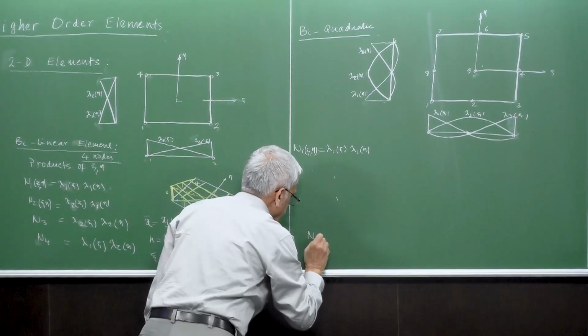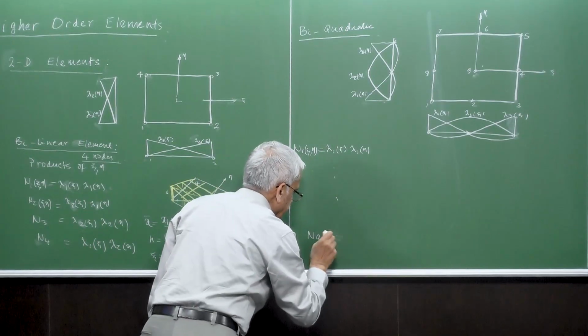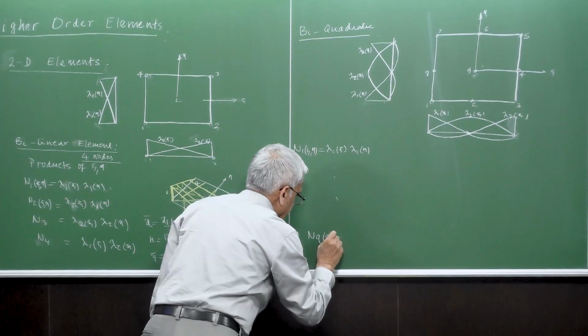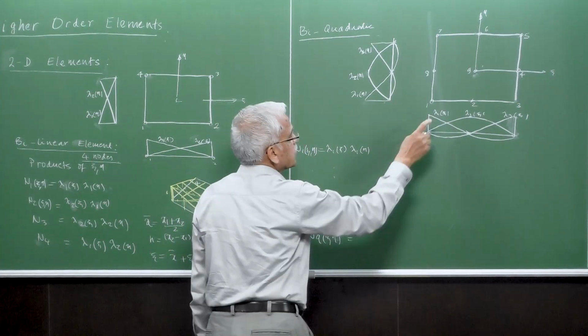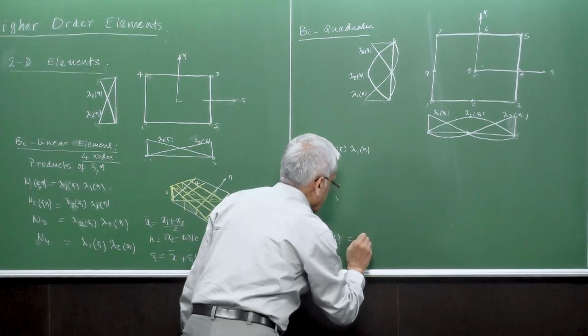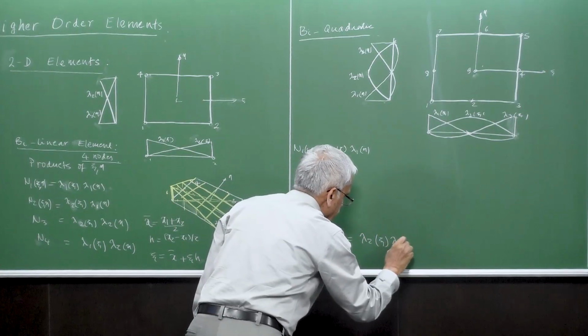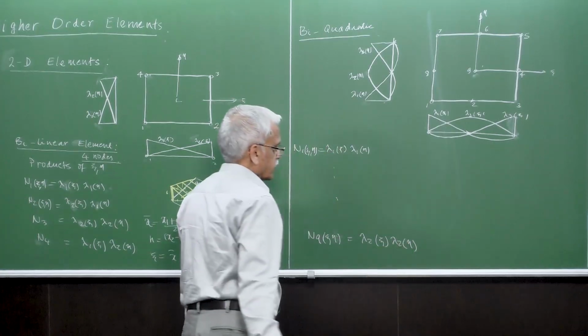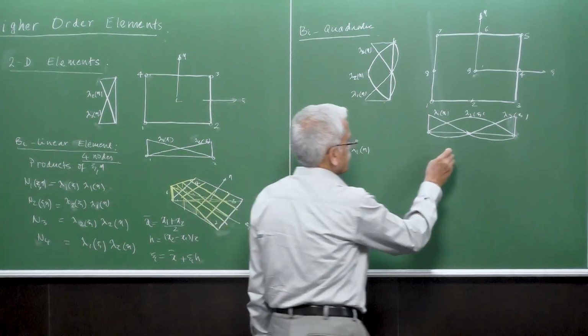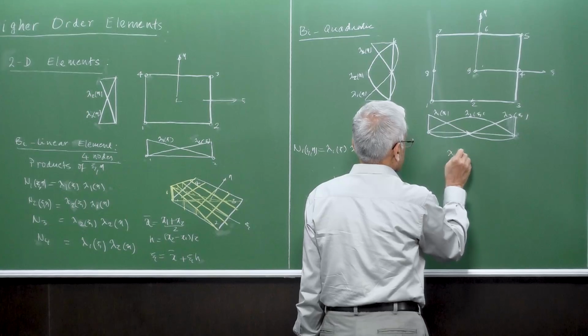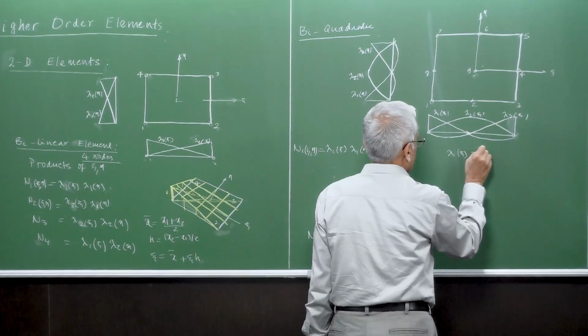So if you want to make the shape function for xi eta, then it should be a product of lambda 2 xi and lambda 2 eta, right? In fact, for the sake of completeness, let me put it here, minus xi.